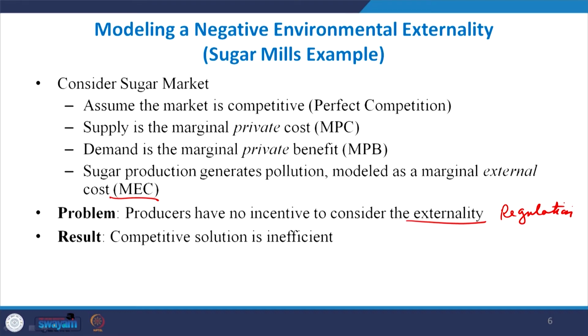So, in the absence of the regulation, a company would like to just equate the private benefit with private cost. So, marginal private benefit will be equal to marginal private cost to optimize the output, and will not consider the pollution generated by the sugar industry. So, obviously, the result will be the competitive solution becomes inefficient. So, the solution will not be optimum.